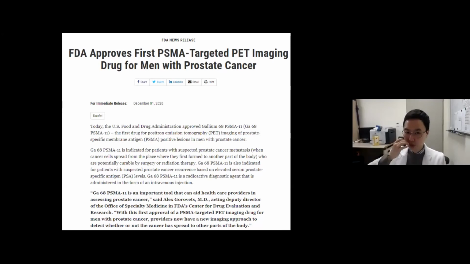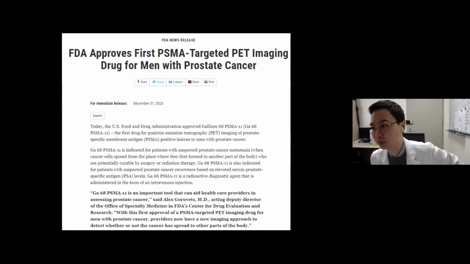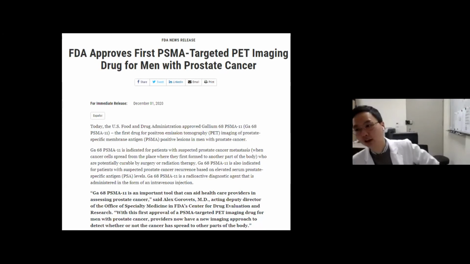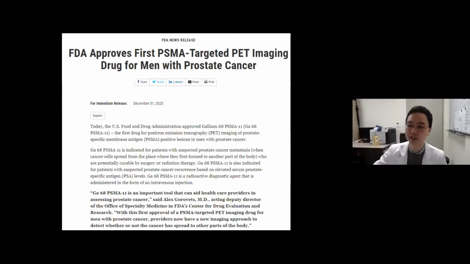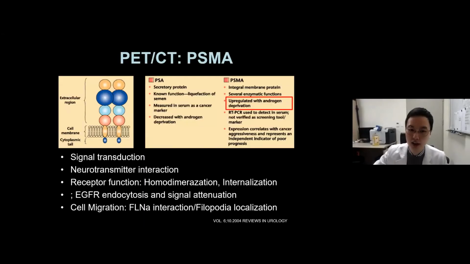Moving on, more recently, there has been a new tracer that has acquired FDA approval, which is PSMA targeting agent, the gallium-68 PSMA 11. So the PSMA actually is a prostate-specific membrane antigen, and it's a type 2 membrane protein, and originally characterized by the murine monoclonal antibody.